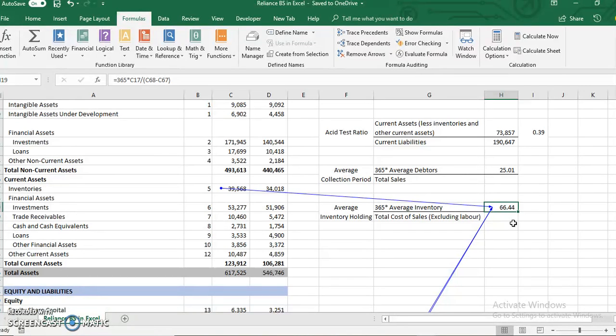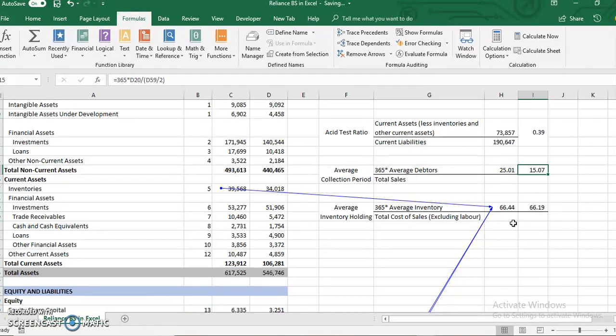We cannot compare it from one company only. We need to see the industry standard and compare on a year on year basis. So you can just copy the formula and put it here. Previous year it was 66.19, now it is 66.44, which is pretty okay year on year.